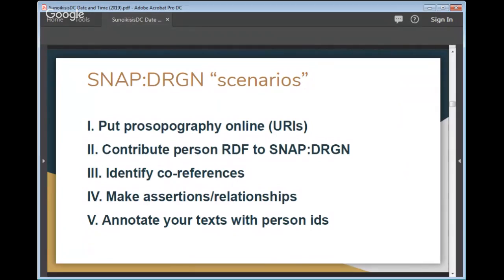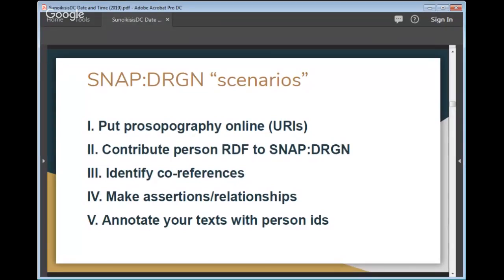scenarios of kinds of activity that people might want to do, which include putting their prosopography online, about which we give very little advice, and contributing person data to this Snapdragon interoperability network graph that people can share information between, which is the main one that we'll come back to.